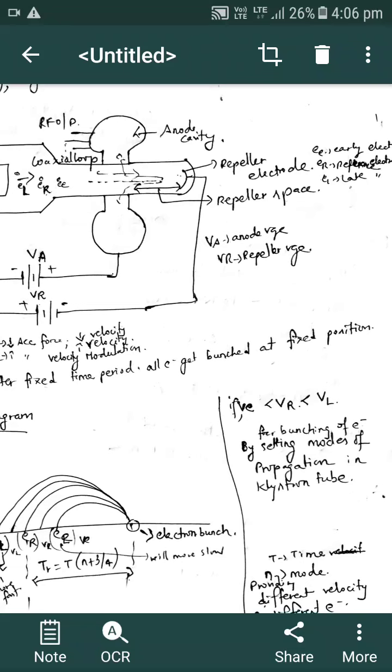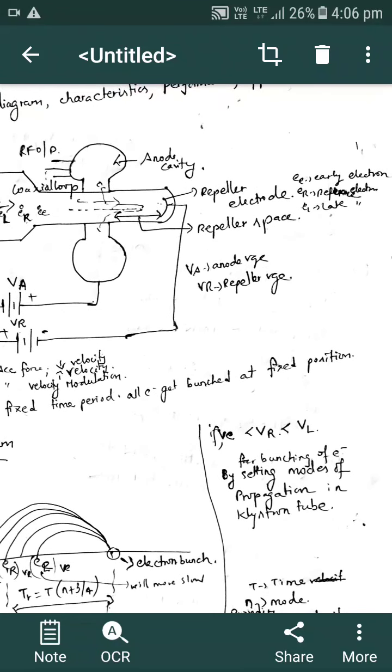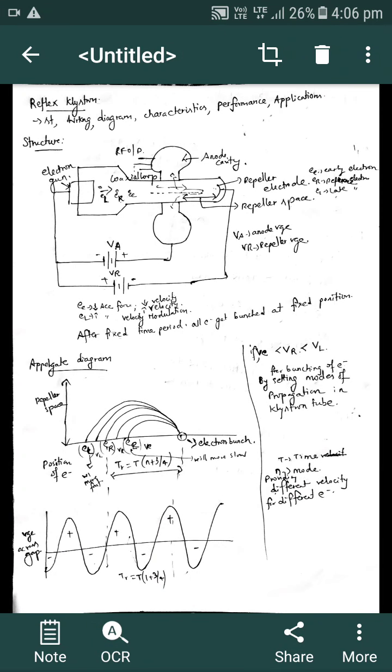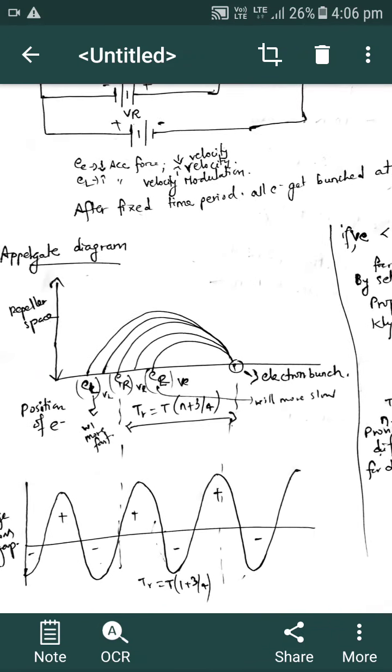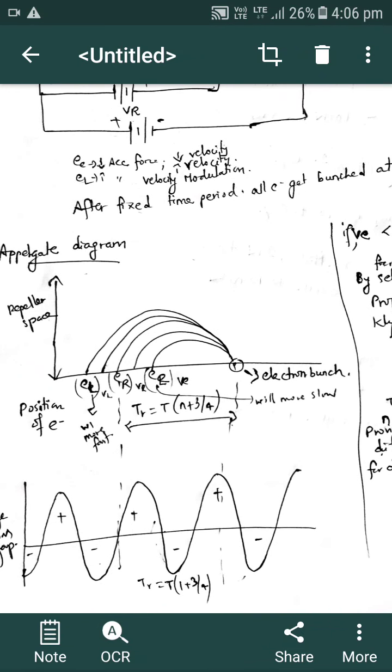After a fixed time period, all the electrons get bunched at a fixed position. For better explanation, in this graph, this is the electron bunch position, and these are the early electron, reference electron, and late electron.